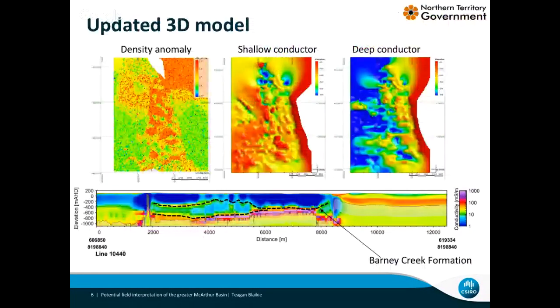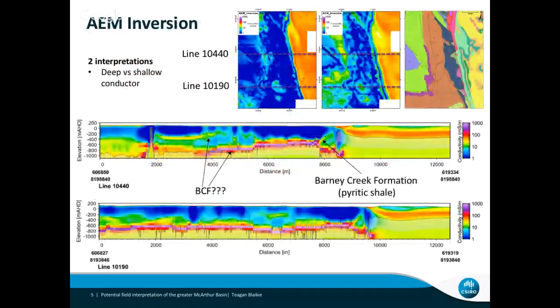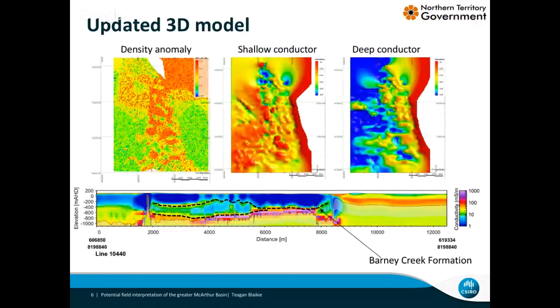But what we did is we came up with two interpretations of this, of the deep and shallow conductor, and also compared that to where we're seeing the density anomalies.